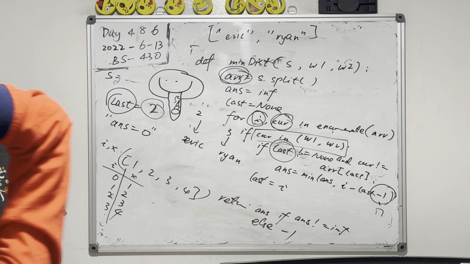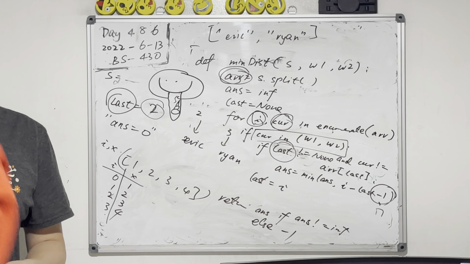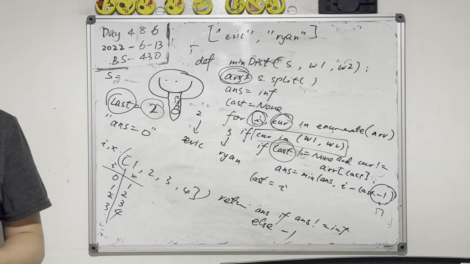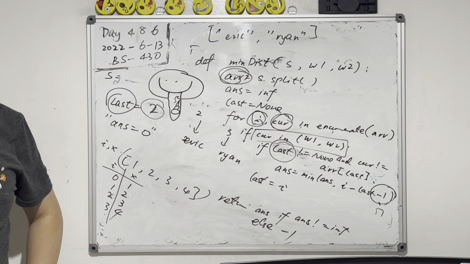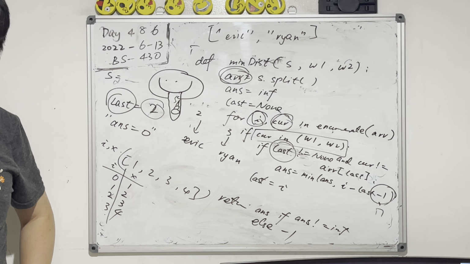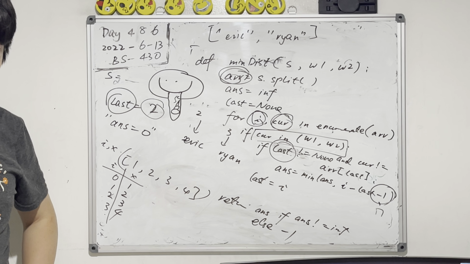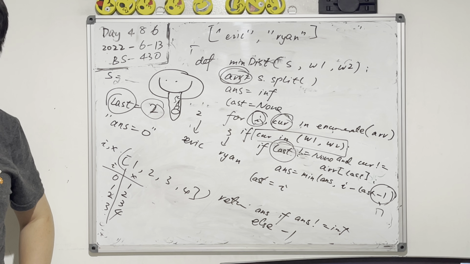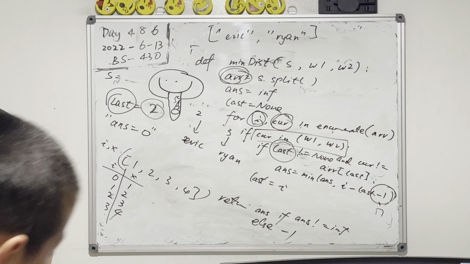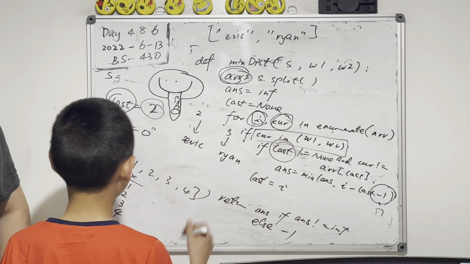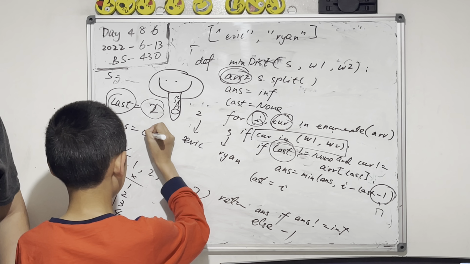How do we solve it? By using split and enumerate. Not brute force, which is O(n squared). So we get our list, we check every word, and check if it's the same as the last one.